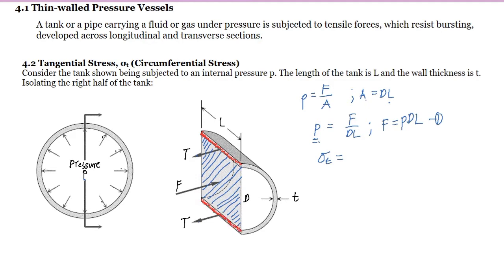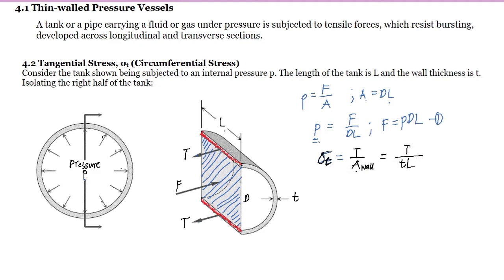Now we have here equal to the normal force, that is T, over the area, and this area here is the area of the wall. So this is equal to T, since we know that the area of the wall is thickness multiplied by the length. So this area here we will replace by thickness multiplied by the length.